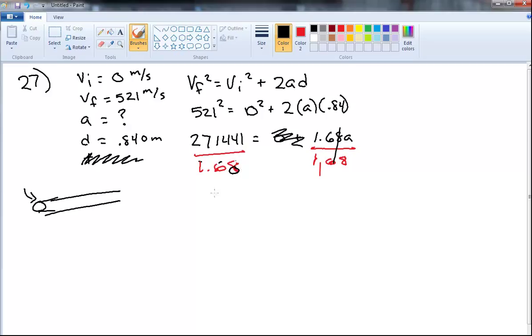And in the end, I'm going to get 271,441 divided by 1.68. It's going to give me an answer of 161,572.0, and that's equal to A. And this is an acceleration, so this is meters per second squared.